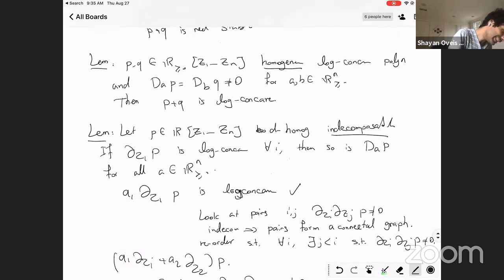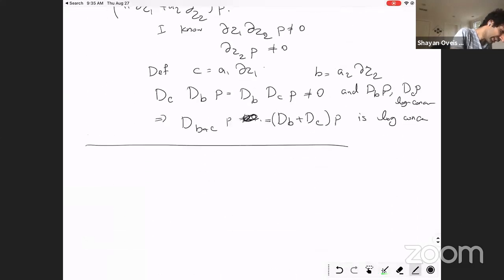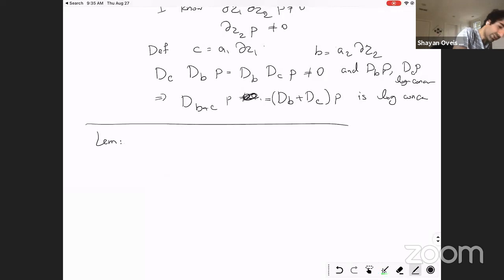So this says this lemma, and now there is one last lemma, which is quick as well, but I'm not going to prove it. You can read the notes.